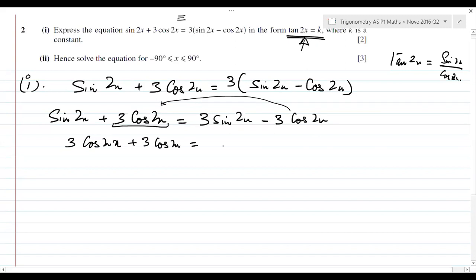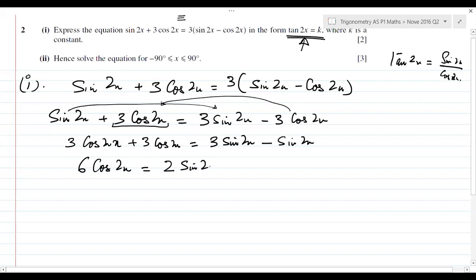And I'm bringing the sine 2x on the other side, so that's going to give me a negative sine 2x. So 3 cos 2x plus 3 cos 2x gives me 6 cos 2x is equal to 3 sine 2x minus sine 2x gives me 2 sine 2x.